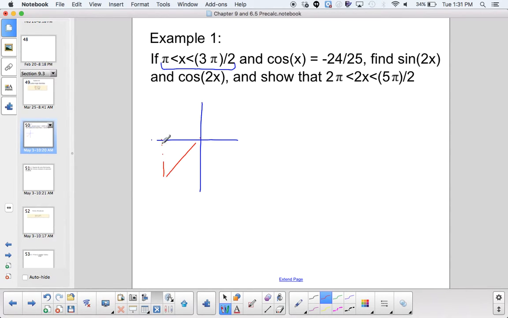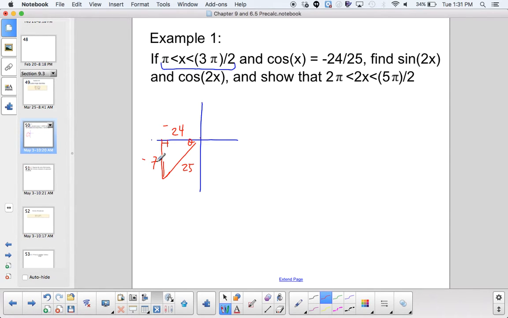I have a right angle and theta here. Because the cosine is negative 24 over 25, this side would be negative 24 and the hypotenuse would be 25. You also know that this would be negative, and use the Pythagorean theorem to find the vertical length here, and you would find 7.